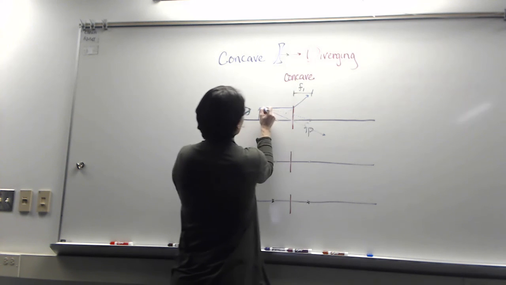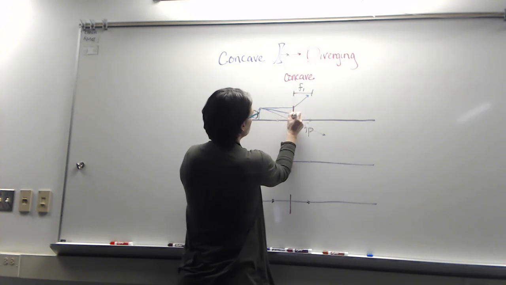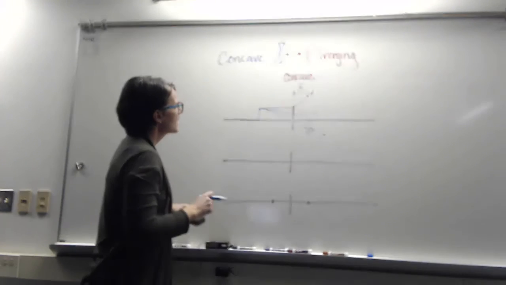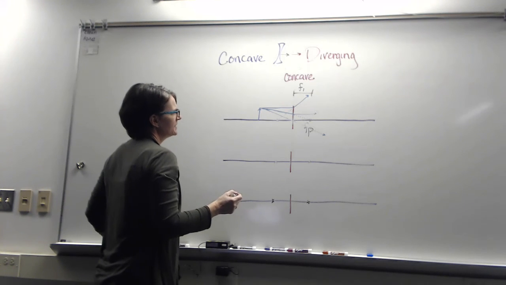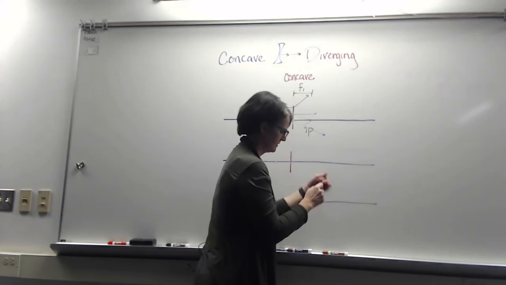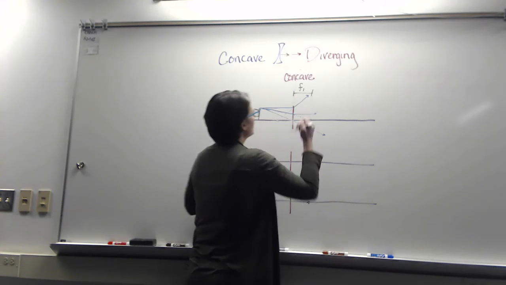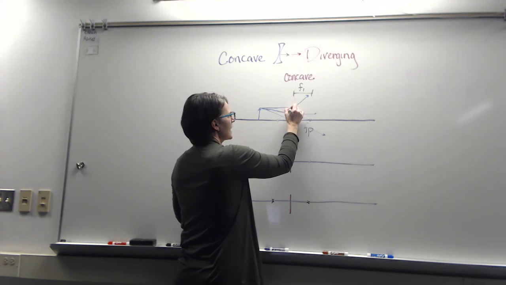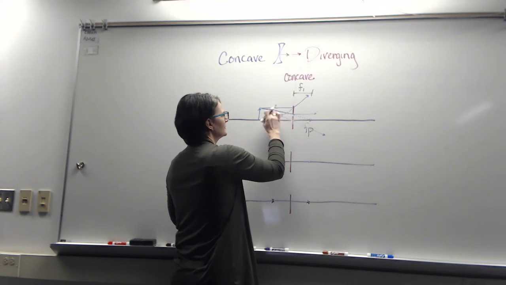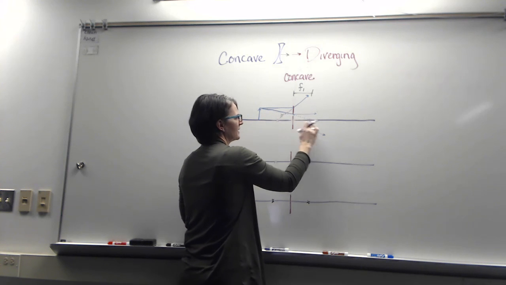Okay, there it is. So, that's refracted out parallel. And if I take all of these rays and I extend them back, and I'm gonna get rid of this ray because my lines are just not good.